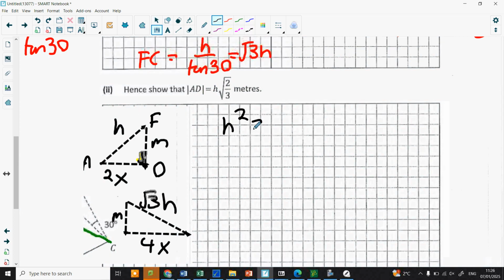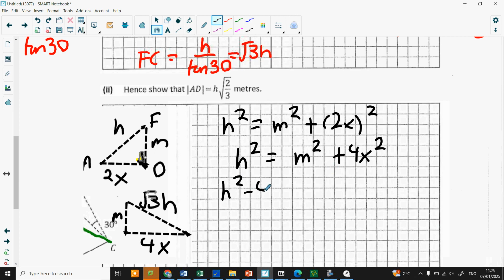Now, here's what we're going to do. I'm going to say that h squared equals m squared plus 2x squared. H squared equals m squared plus 4x squared, okay? And then m squared is h squared minus 4x squared. Using the second triangle, I'm going to do Pythagoras' theorem again.